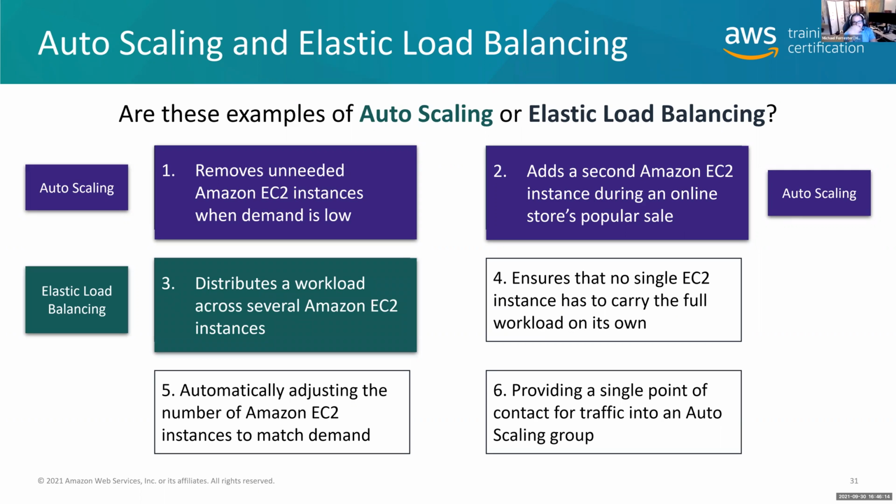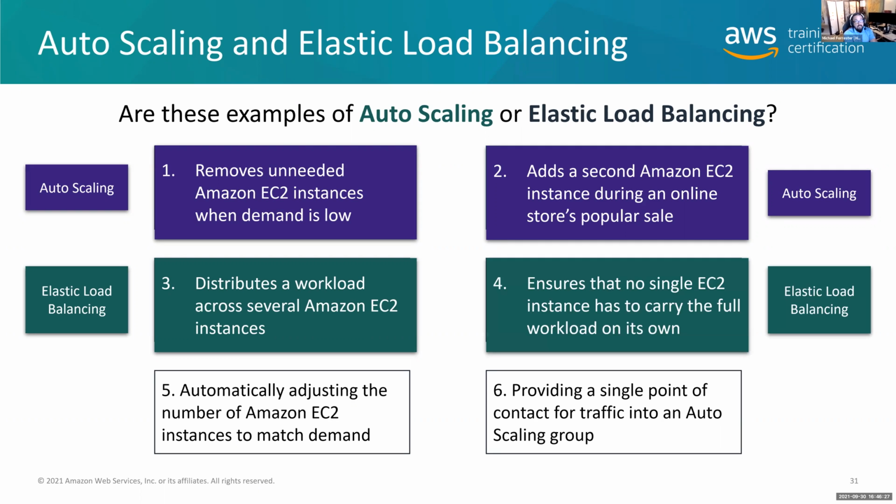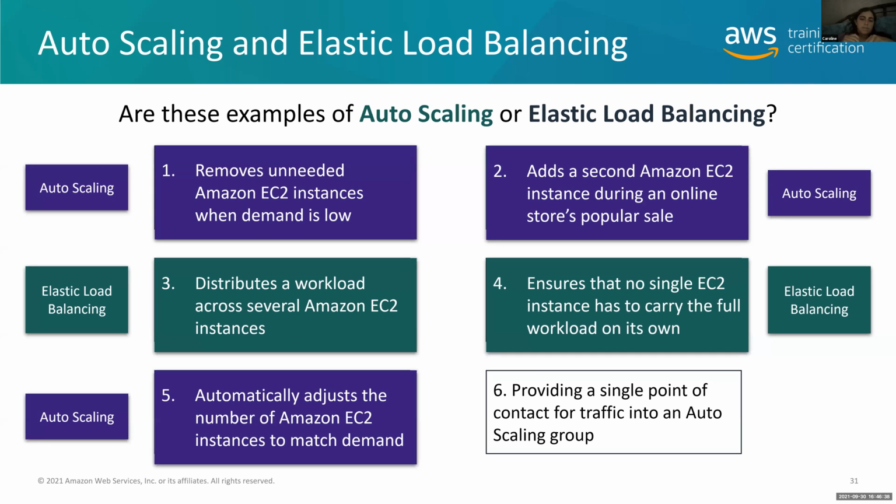So that makes sense because that's what a load balancer does, is distributes network traffic workload. What about ensuring that no single EC2 instance has to carry the full workload on its own? Elastic load balancing. Yep, that's right. Because we're still talking about network traffic. Okay. Automatically adjusting the number of EC2 virtual machine instances to match demand. Auto scaling. That's right.